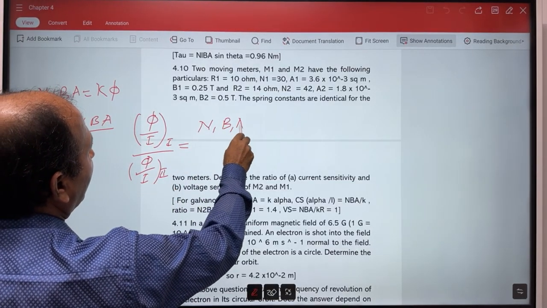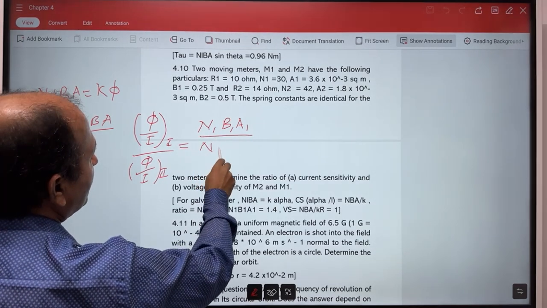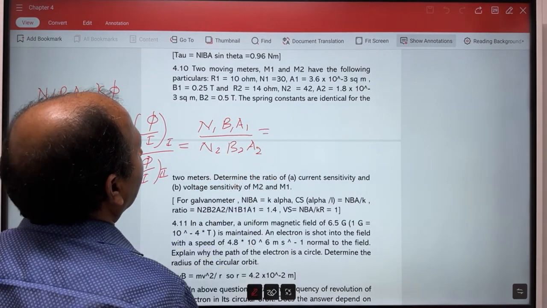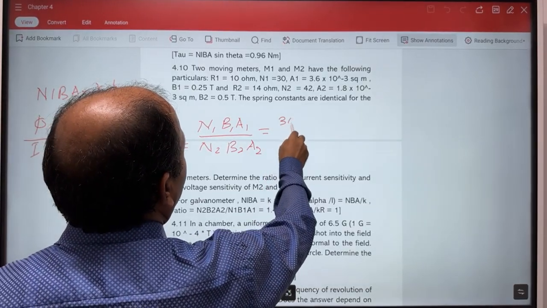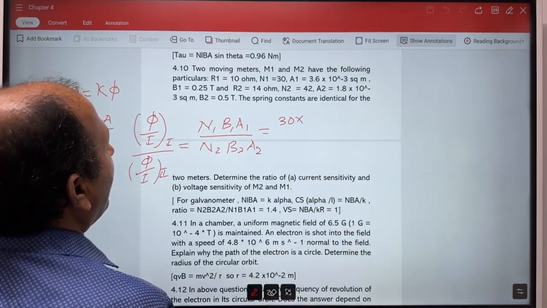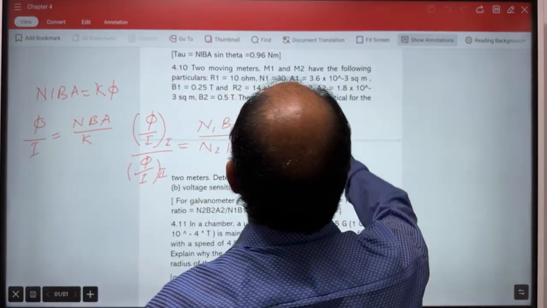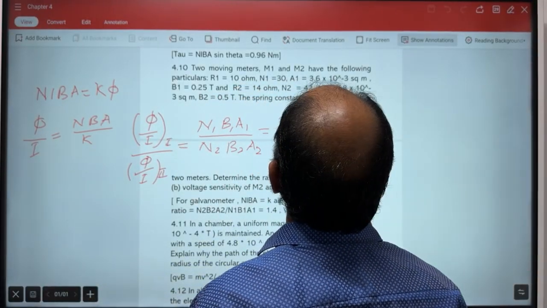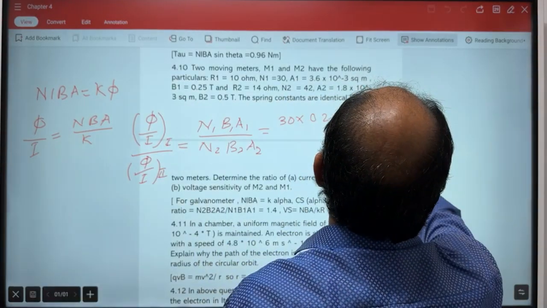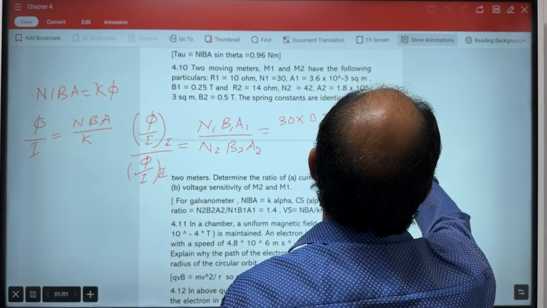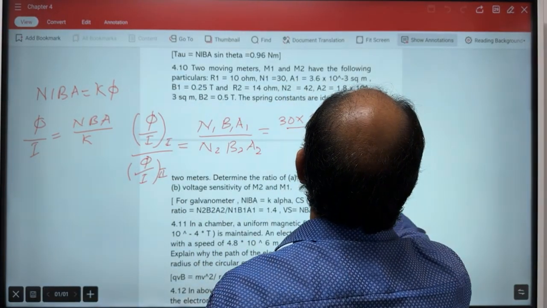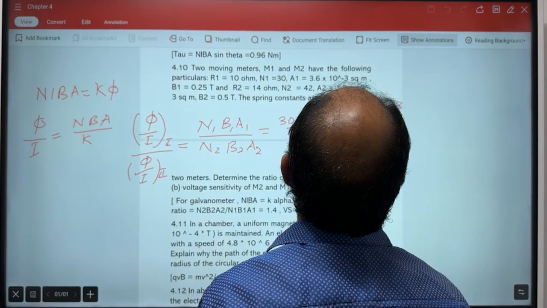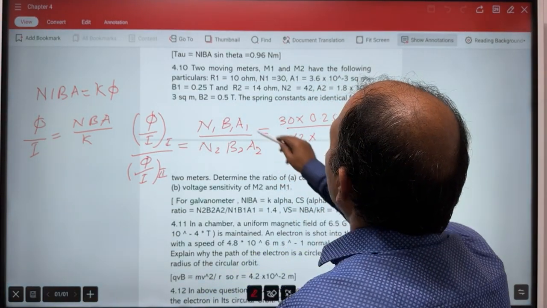N1 B1 A1 divided by N2 B2 A2. Let's put the values. So this is 30 multiplied by N1, then B1 0.25 into A1. A1 is 3.6 into 10 to the power minus 3, whole divided by N2. N2 is 42 into B2.